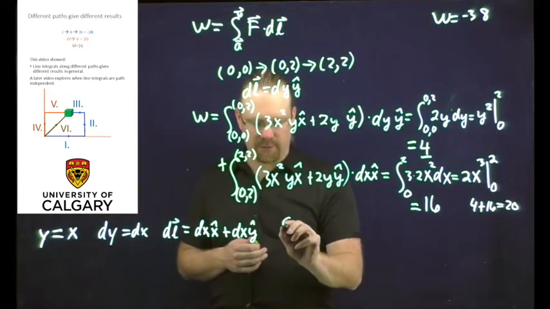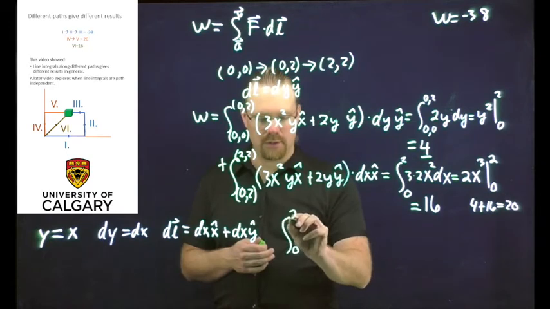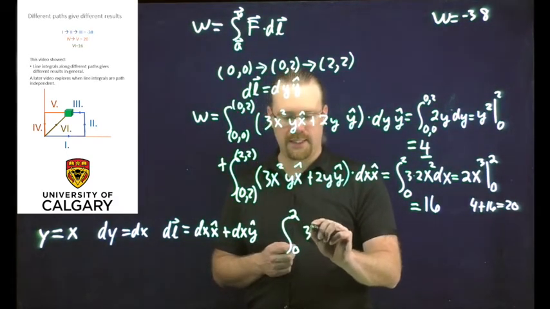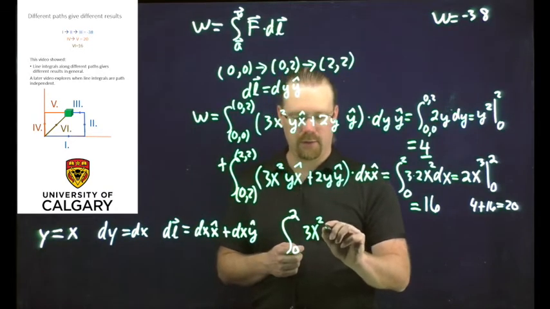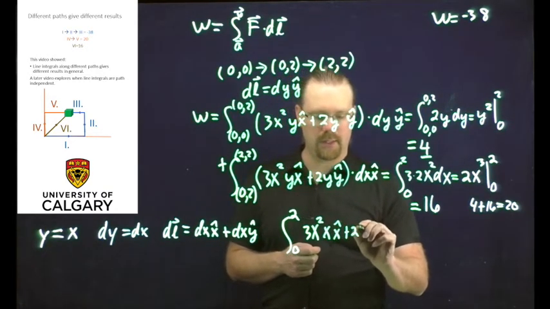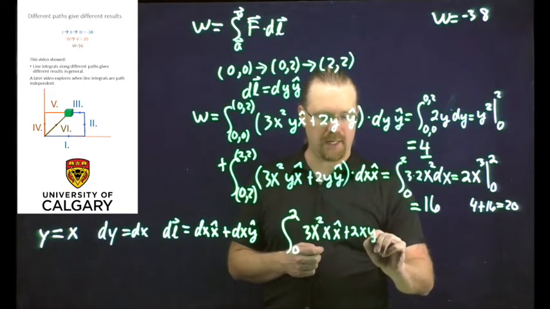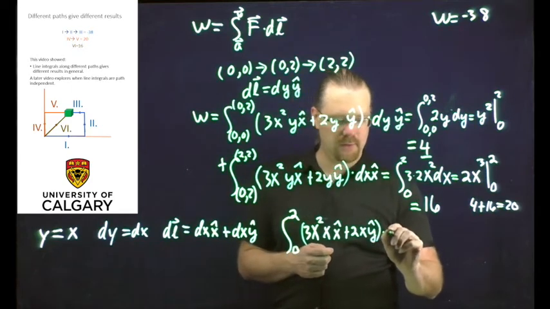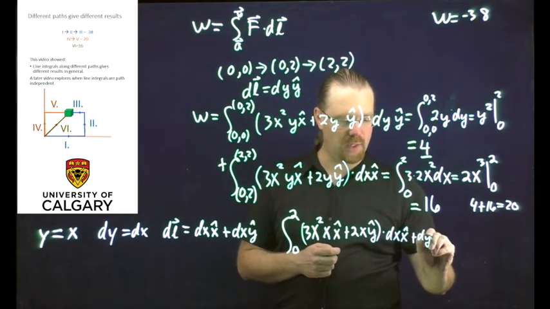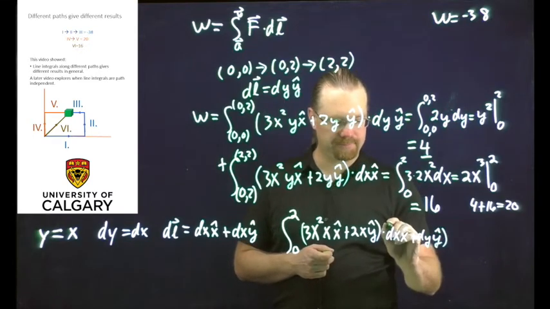So that means we're going to integrate from 0 to 2, and we're going to say it's 3x squared x hat plus 2x y hat. And then this is going to be dotted with dx x hat plus dy y hat.